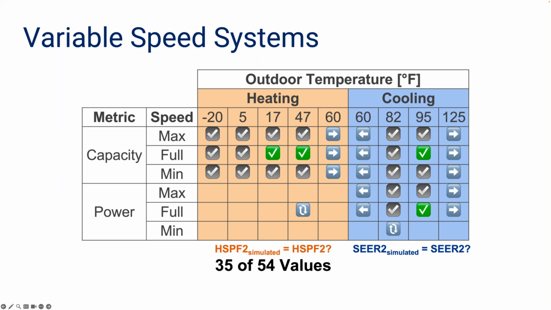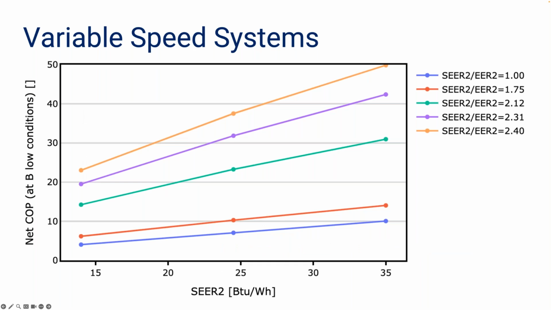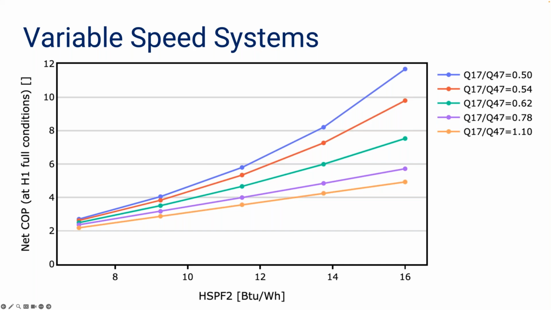Once again, we have to find power values that match the CR2 and HSPF2 using the same iterative approach. We get new tables here for variable speed. So this would be CR2 values, and this is HSPF2 values to get the COP at 47.